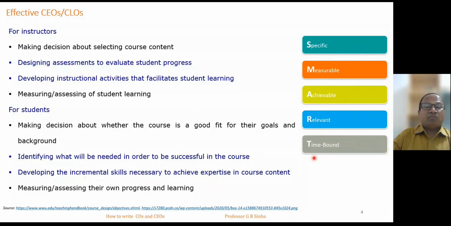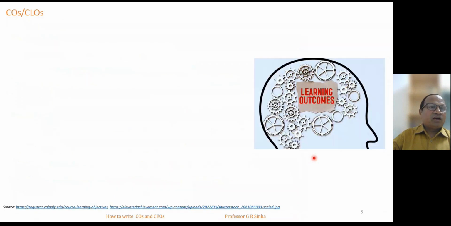Remember, not for the program, because when we come from the vision and mission statement to the program education objectives, then we come to program outcomes, then we go to course education objectives and course outcomes. So as we go down we are becoming more specific, more narrowed. So we have to be very specific when we are writing the course objectives and course outcomes.